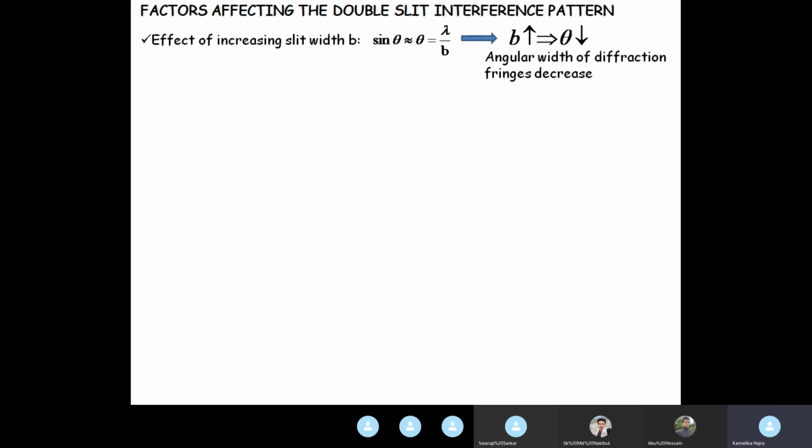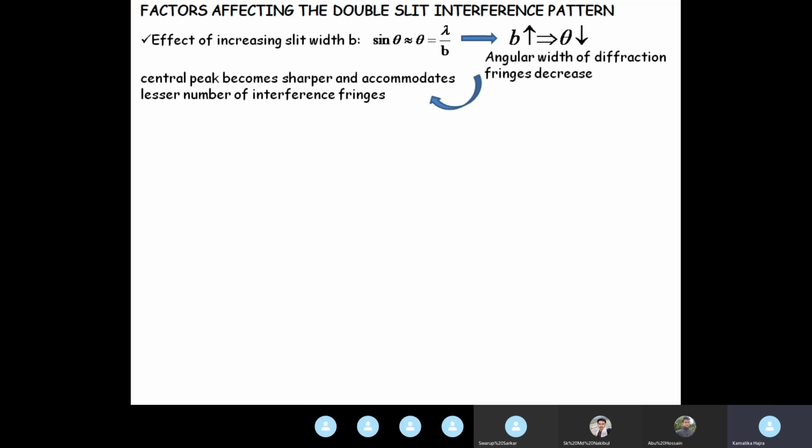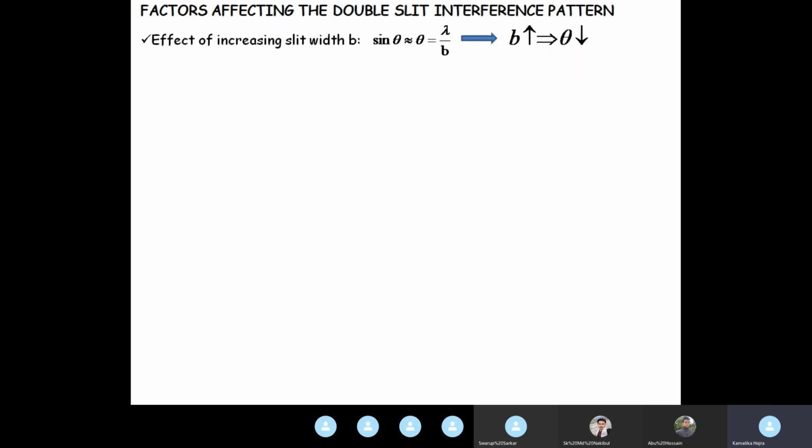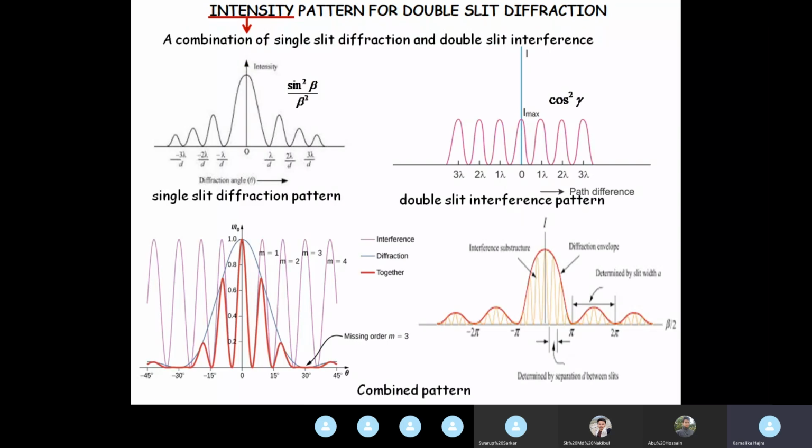So if the central maxima reduces in width, it will become sharper, central peak becomes sharper, and therefore, since nothing has happened to the interference fringes, this sharp fringe will obviously accommodate a lesser number of interference fringes. Okay, what does that mean? Just a second. Okay. This is what I mean.